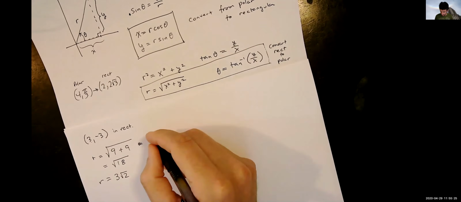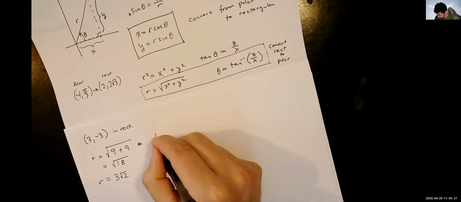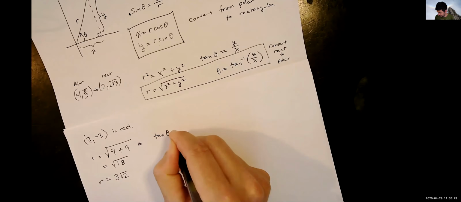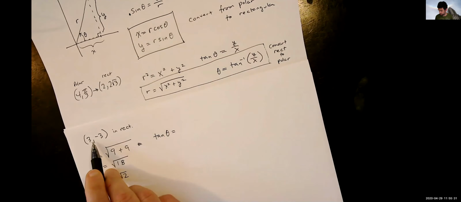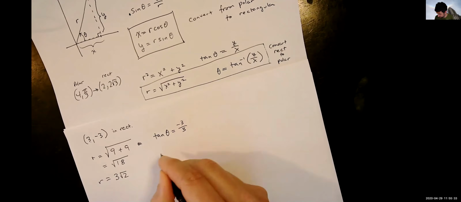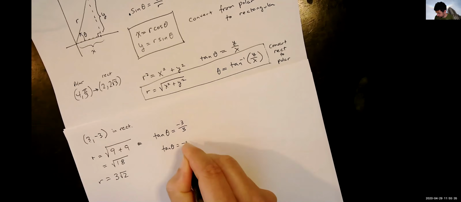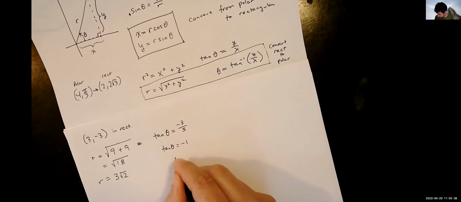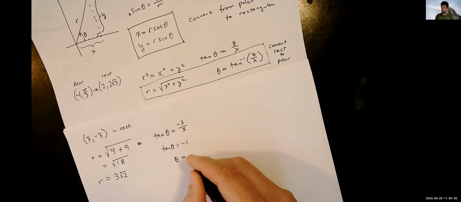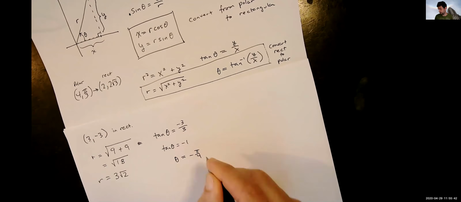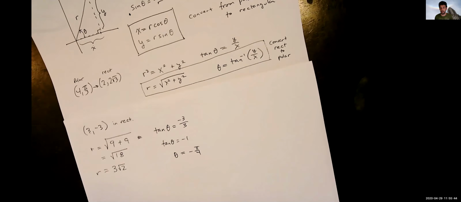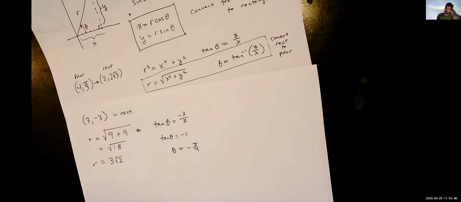And let's figure out theta. That means tangent of theta is going to be y over x, so -3 over 3, or tangent of theta equals -1, which means theta equals -pi over 4. Okay, so this is just coming from the unit circle.